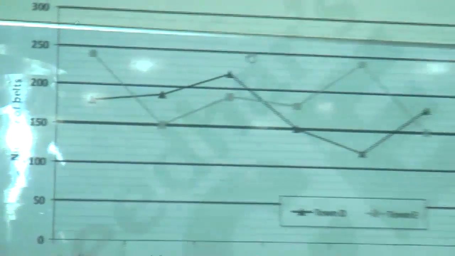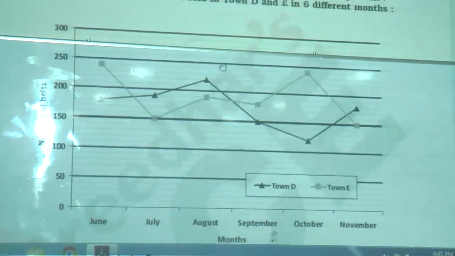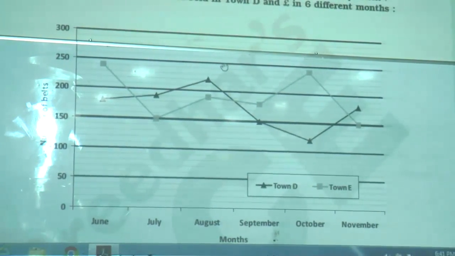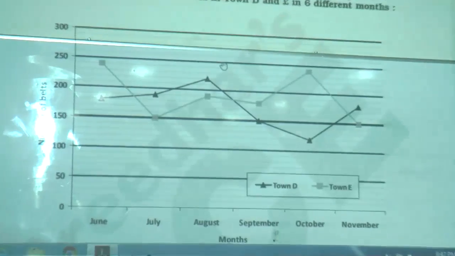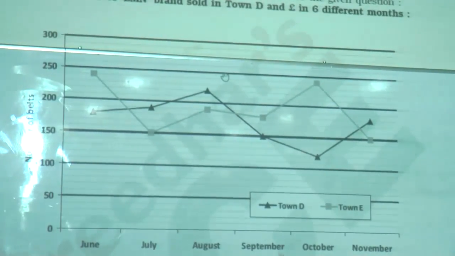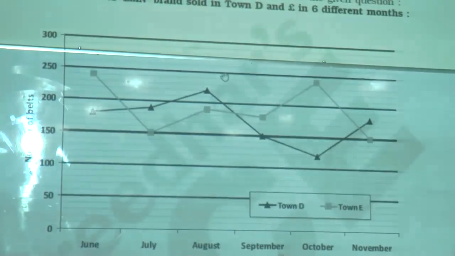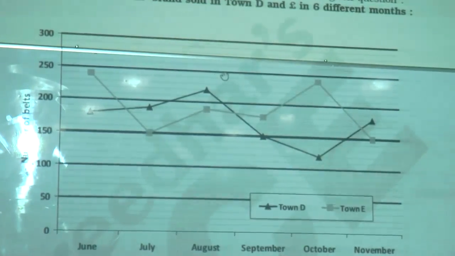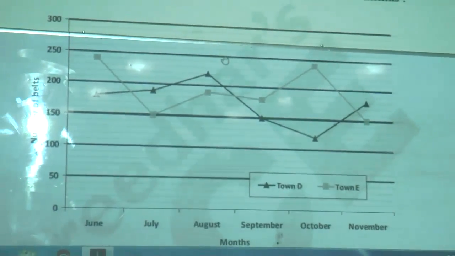Next, 61 to 65. Number of belts of L, M, N brand sold in towns D and E in 6 different months. Okay. 65. Number of belts sold in town D in December was, right, December, that is not given.